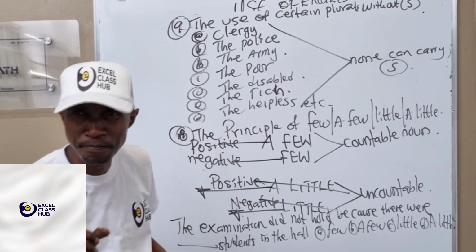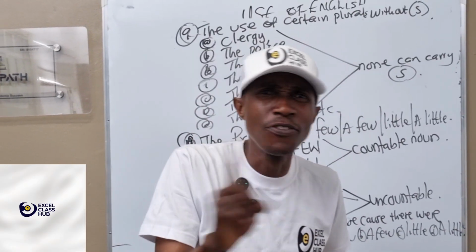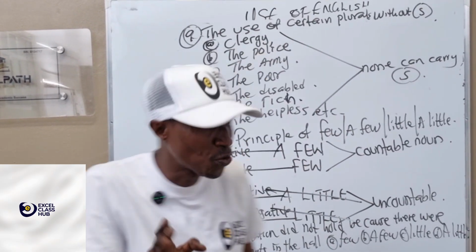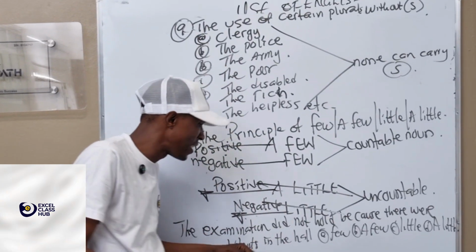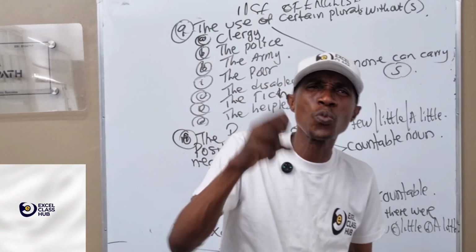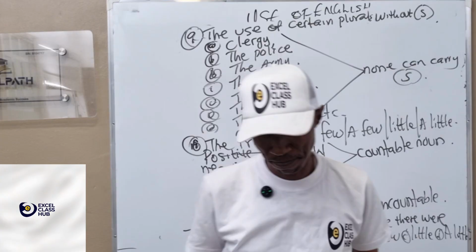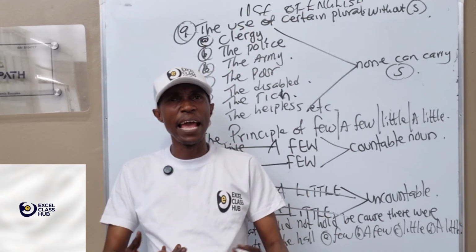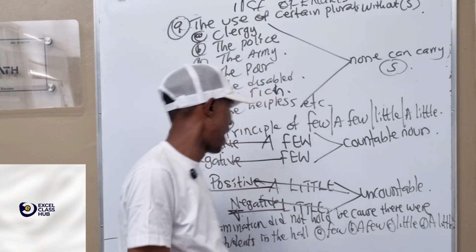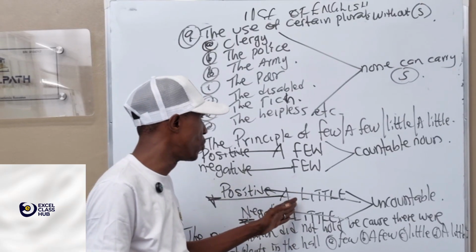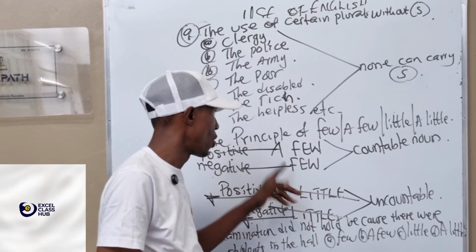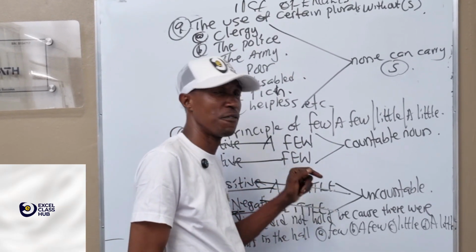That's where I'm going. Our answer cannot be little or a little, because what we are discussing is related to what we can count. Then the next step is, now that we know we cannot use a little and little, we can only use a few and few.